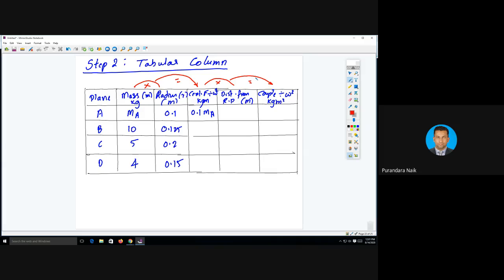So if you multiply, 0.1 MA. Next, if you multiply this with this, you will get 1.25. Next is 0.2. If you multiply this with this, sorry, that is 1.